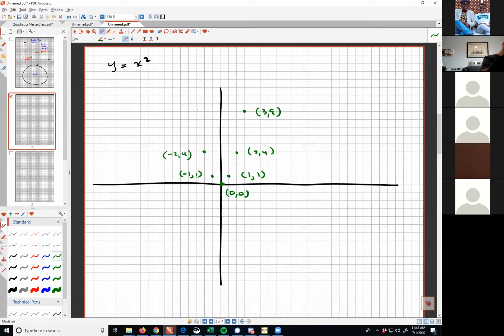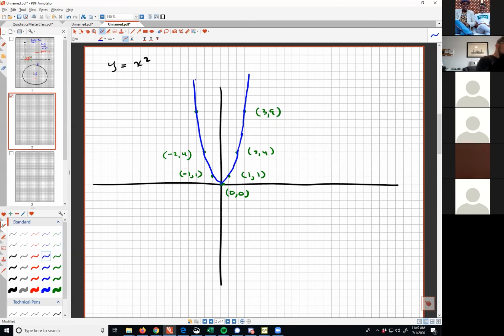So we wind up with a symmetric curve. And if we connect these points and they go up faster and faster, we wind up with this symmetric upward shaped smile, people sometimes call it. And so that's a parabola.